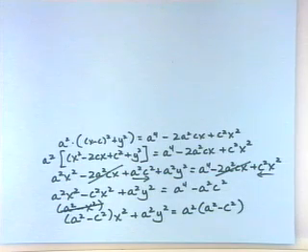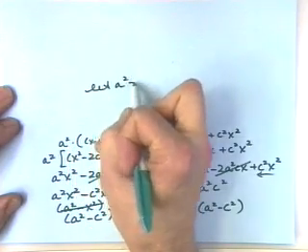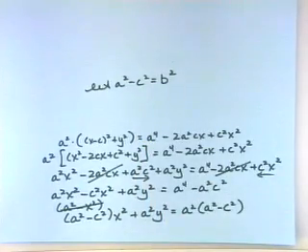And now for simplification's sake, I'm going to let a squared minus c squared, which is on the left side and also on the right side, be b squared, which actually will have some meaning when we get back to our picture.